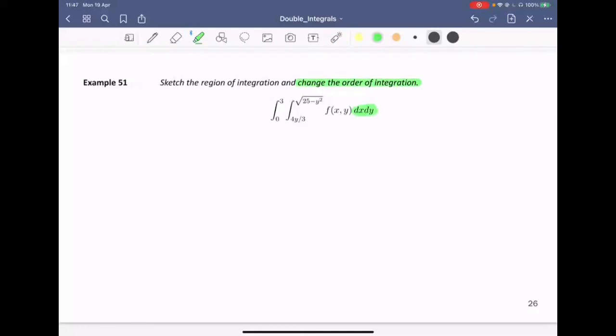For sure, you have to sketch the region first. This question is a little bit harder compared to the previous one, because the graph looks like a circle. Everyone knows how to draw a circle, right? When you have x squared plus y squared equal to a squared, this is a circle with radius a.